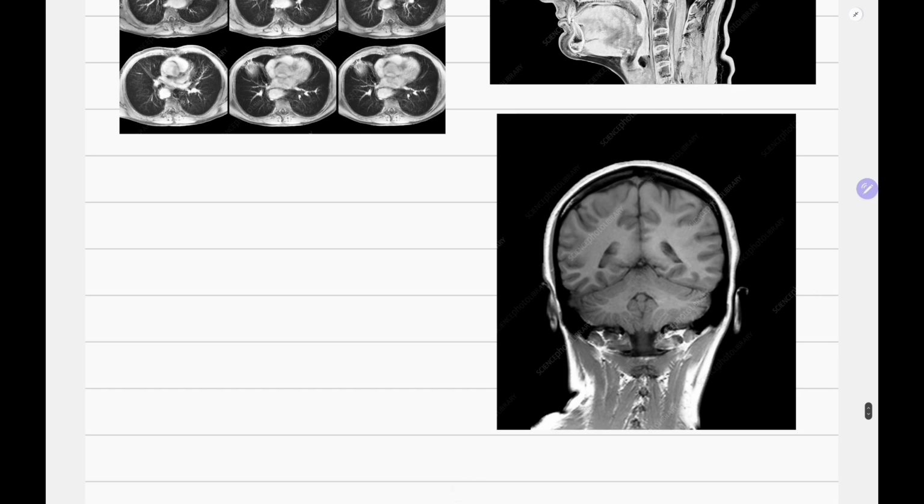And lastly, this is the coronal plane, where the body is divided into anterior half and posterior half.